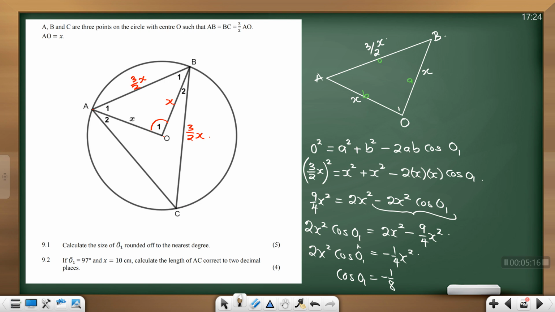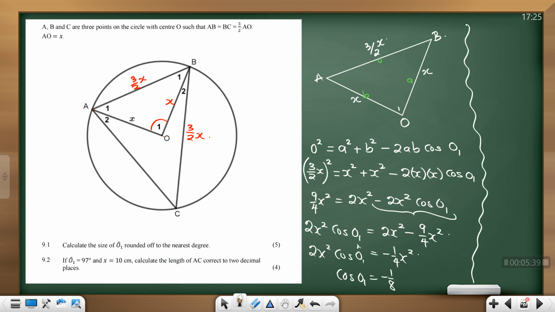We need to find our reference angle, right? But check for me, is it negative though? Will it be negative? Yeah. That's 8 over 4. Yeah, it's okay. So if it's negative, then we need a reference angle, right?